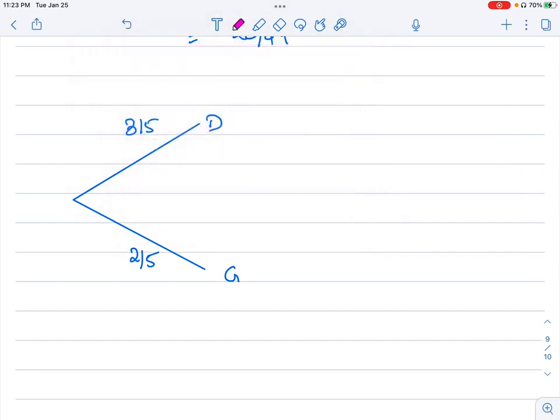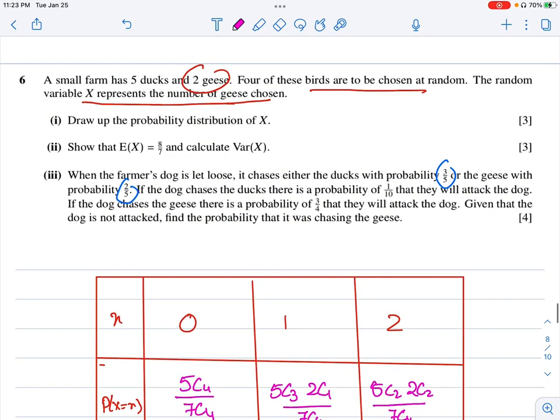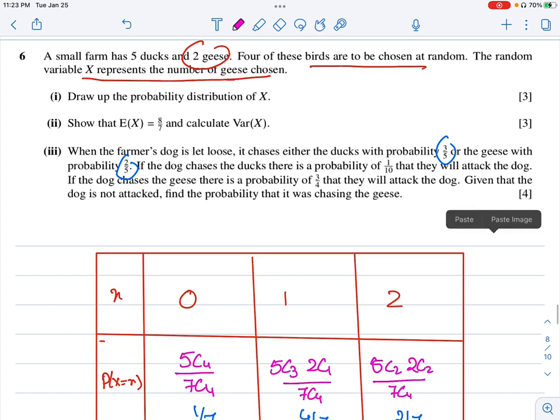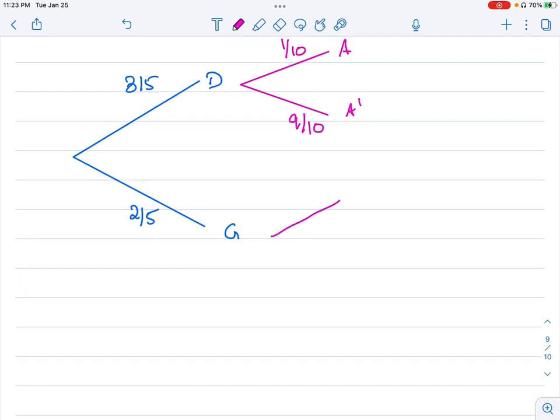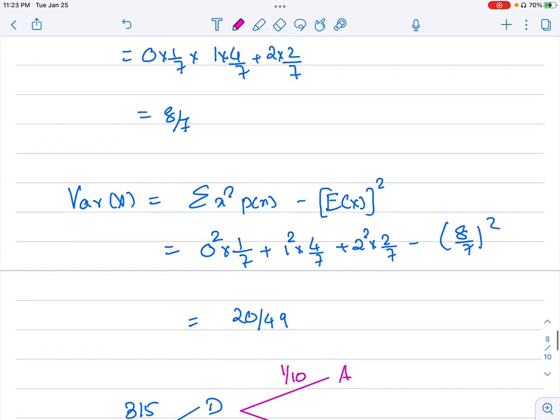Attacking is 1 upon 10, so not attacking will be the remaining 9 upon 10, since 1 minus 1 upon 10 is 9 upon 10. If the dog chases a goose, then there is a probability of 3/4 that they will attack the dog. So 3/4 attack, and the remaining 1/4 will not attack.